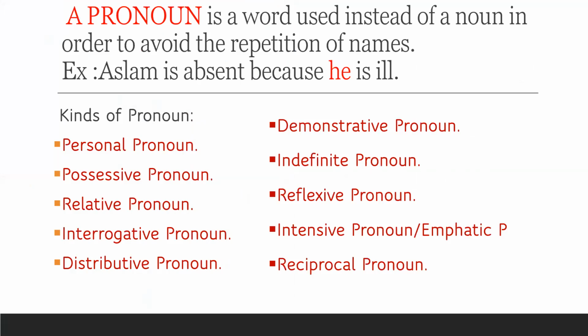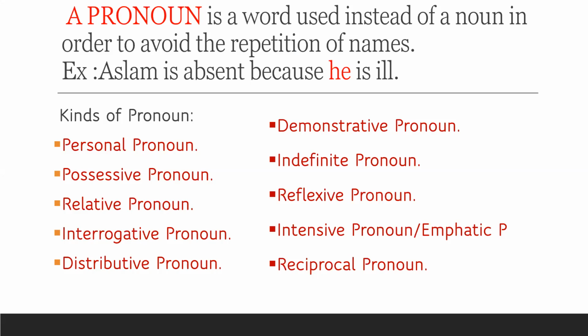First of all, we go through the definition of pronoun. Pronoun is a part of speech and it is a word used instead of a noun in order to avoid the repetition of names. When we don't want to repeat the names, then we use pronouns instead of nouns. For example, Aslam is absent because he is ill.